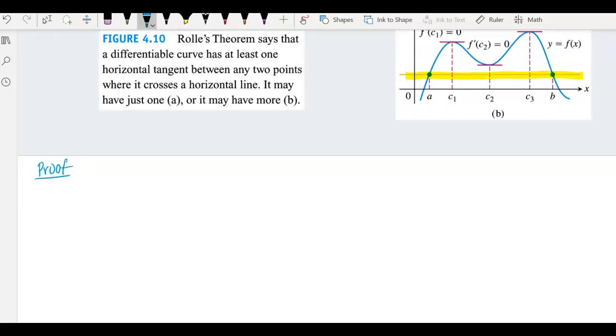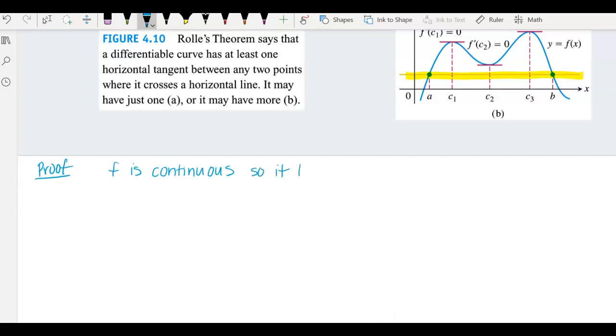So f is continuous. That's one of the assumptions that we have. And we talked about last week that that means that it has an absolute max and an absolute min somewhere on this closed interval.